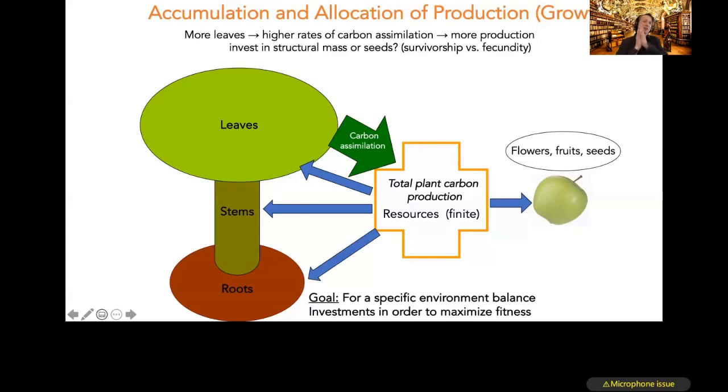So the goal of natural selection, for a given, specific environment, is to balance these investments in order to maximize fitness. All right, I'm going to say that again. For a given environment, natural selection is going to balance all these different allocations, allocation to reproduction, allocation to our plant stem and growth, in order to maximize fitness.